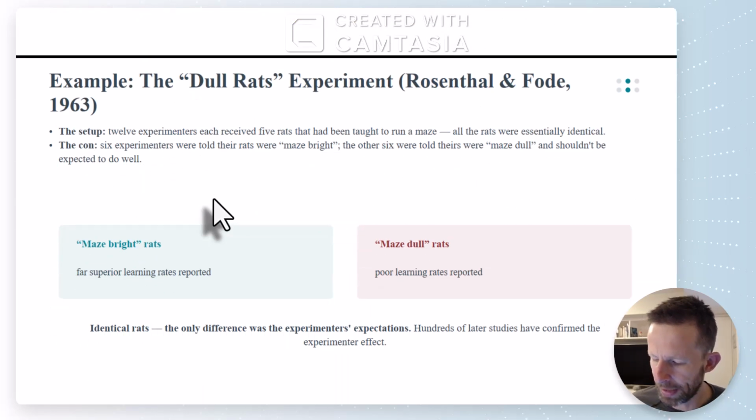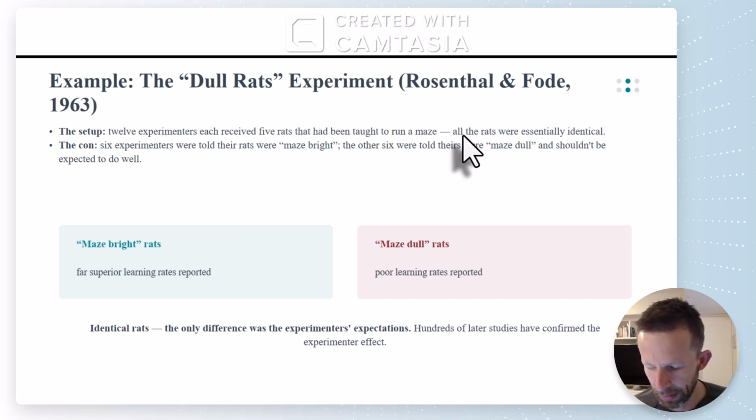A classic example of that is the Rosenthal rats experiment. They set up 12 experimenters, each received 5 rats that had been taught to run a maze. All the rats were essentially identical. Six experimenters were told the rats were maze bright, and the other 6 were told the rats were maze dull and shouldn't be expected to do well.